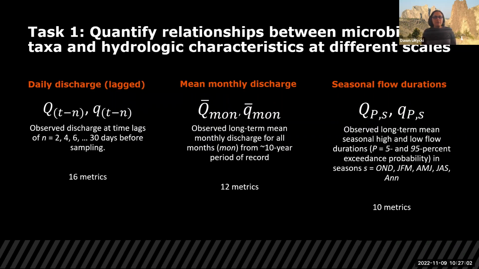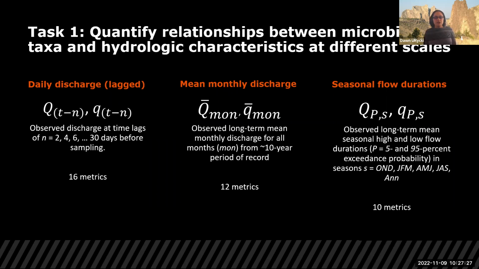We wanted to examine and compare relationships between the stream microbiome and hydrology at different time and flow scales. So we analyzed 3 groups of metrics. First, the daily discharge, which is the observed discharge at time lags of 2, 4, 6, all the way up to 30 days before sampling, which we felt reflected the short-term environmental conditions and perturbations.